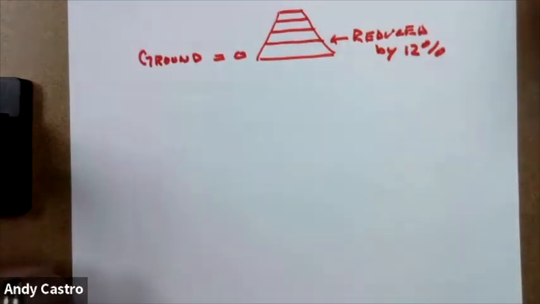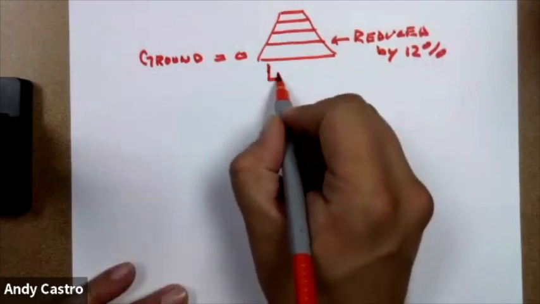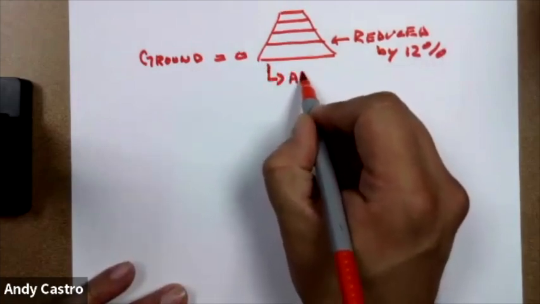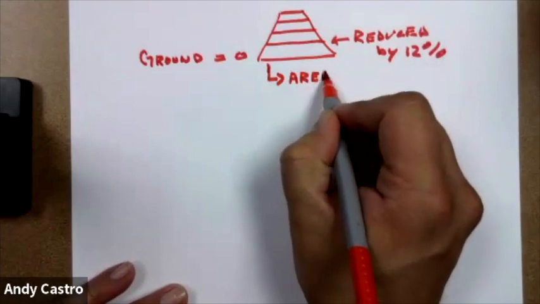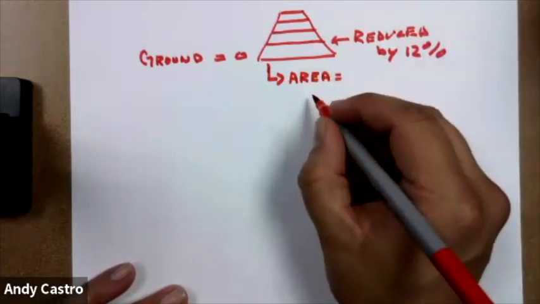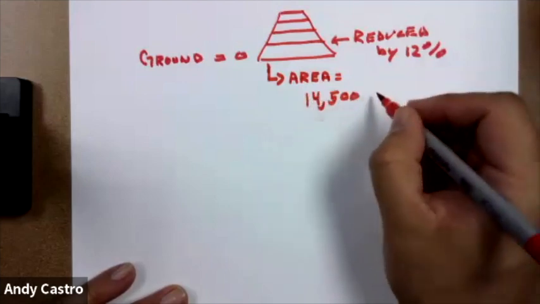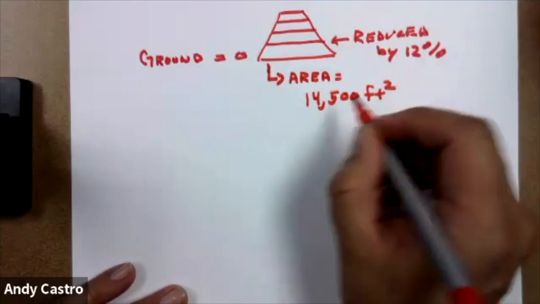If the ground floor, so ground 0, the area here is 14,500 square feet.